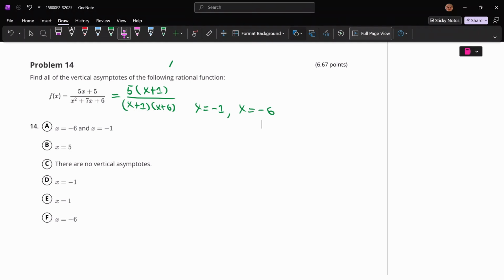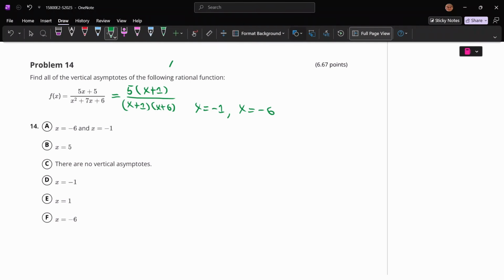The reason why is because there's also an x plus 1 in the numerator. So basically, when your divide by 0 term in the denominator has a corresponding term in the numerator that can cancel it out, that's going to give you a hole instead of a vertical asymptote. As a result, the only vertical asymptote we're going to have is at x equal to negative 6.